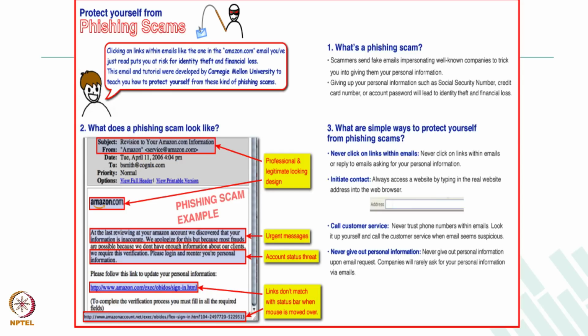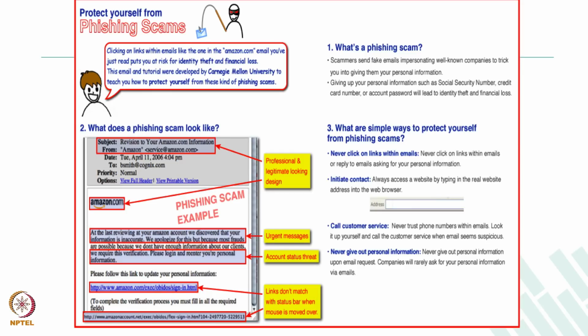A revision to your amazon.com information and from Amazon, service at amazon.com is highlighted. It says professional and legitimate looking design, and next it says urgent message in the text, account status threat, links don't match with status bar when mouse is moved over. Right? So that's the connection from the first two designs also, which is link is not matching.